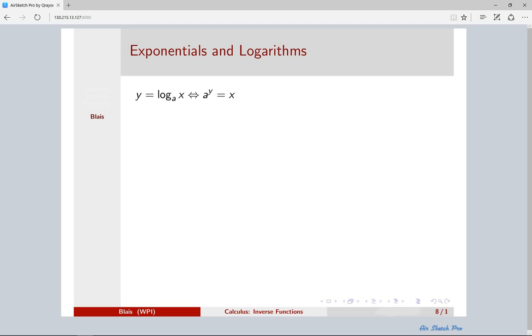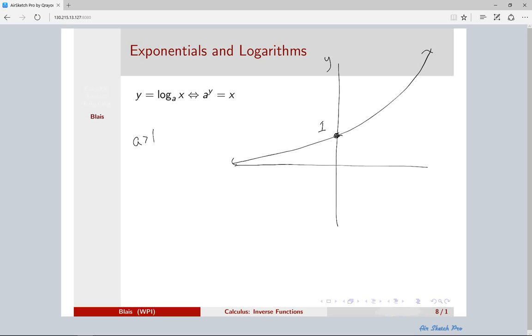What we will focus on in the next lecture is inverting our exponential. So if you recall, when we studied exponential functions, remember the graph of any exponential function, this will be the case where a is greater than 1. Any exponential function looks something like this with this y-intercept of 1.